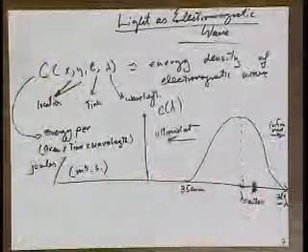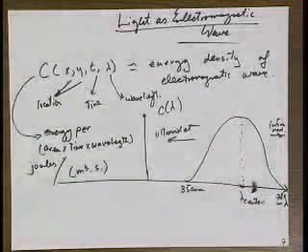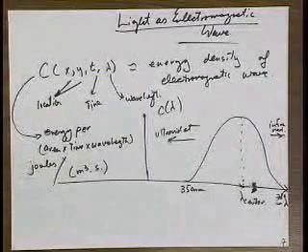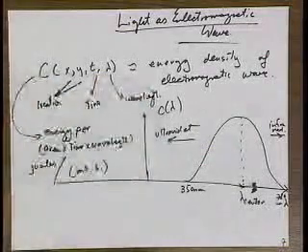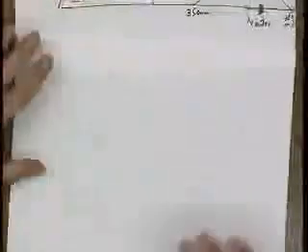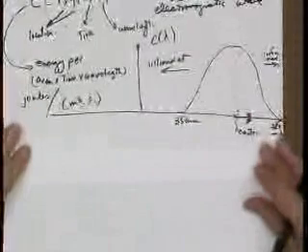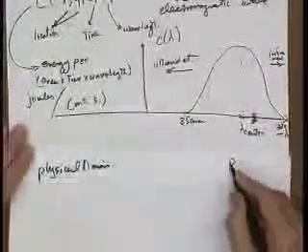And now what I can do is talk about approximate physical properties of this C function. So we can think about the physical domain on one side and the perceptual domain on the other side.